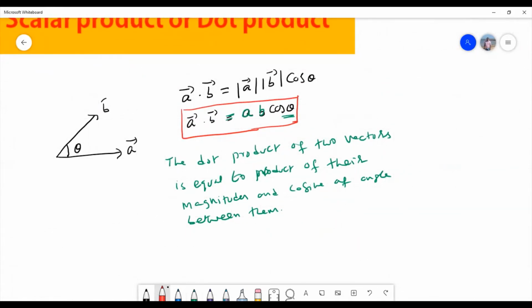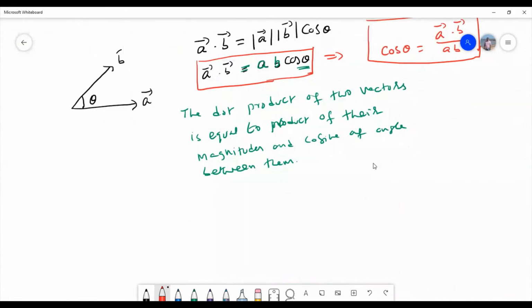From the same, I can write the angle between the two vectors can be given by A bar dot B bar upon AB. So whenever you're asked to find out the angle between the two vectors, use this equation and you can find out. See, what is the component of B bar along A bar?